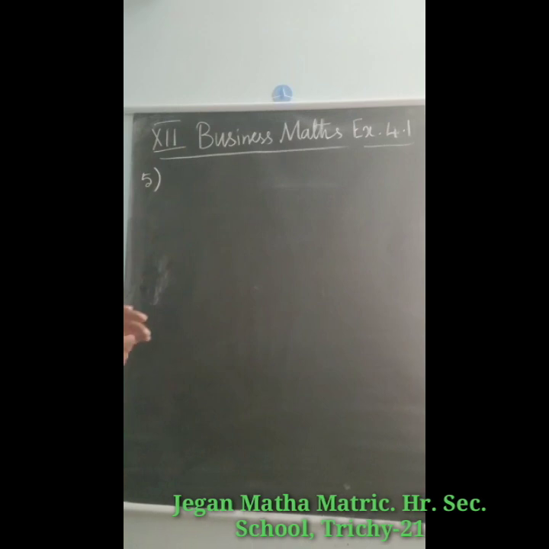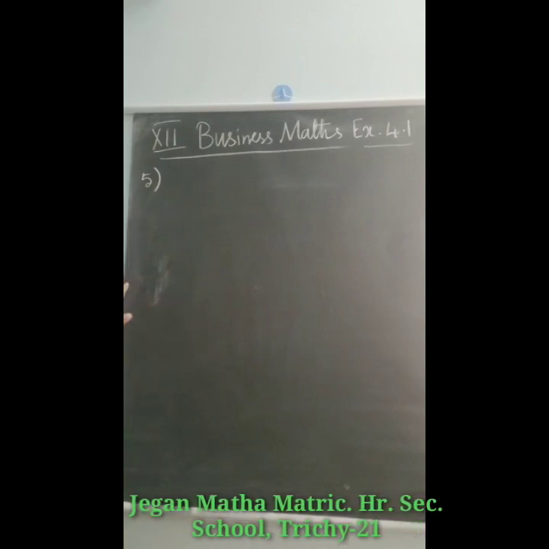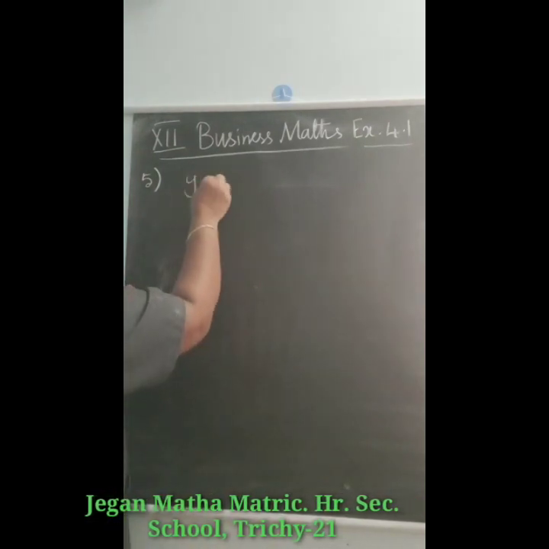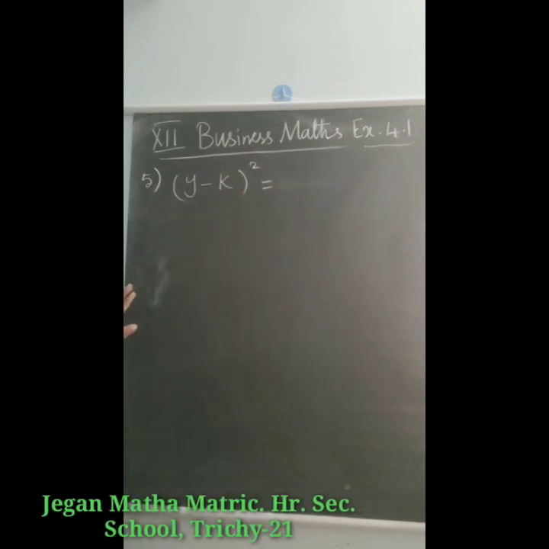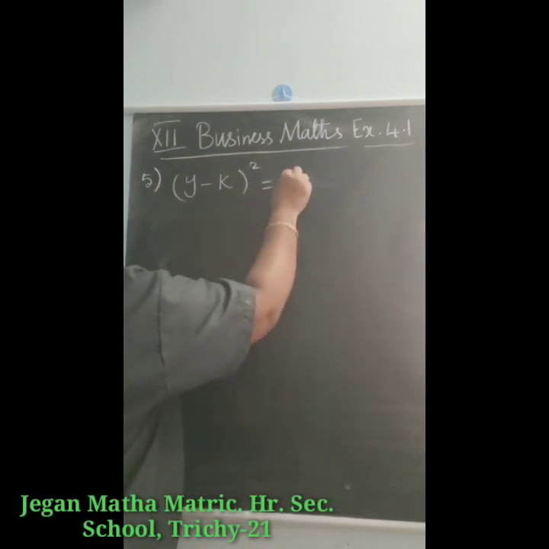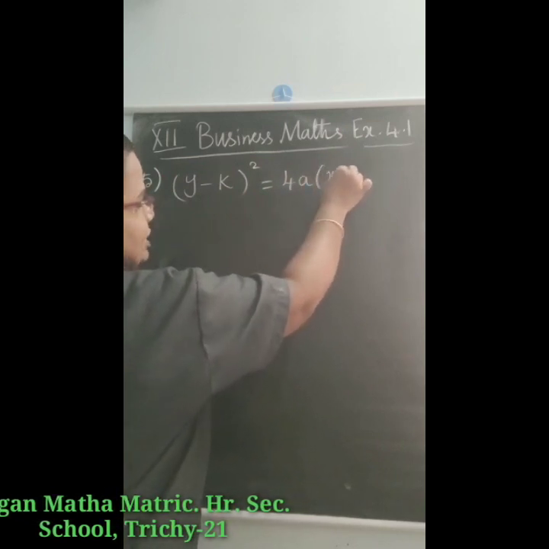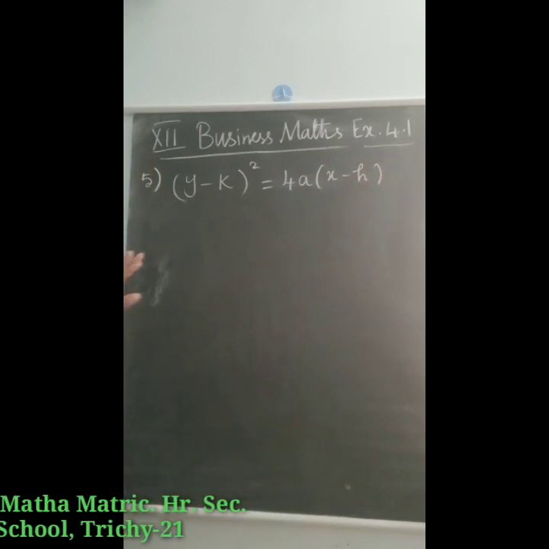The equation of the family of parabolas with latus rectum 4a and whose axes are parallel to the x-axis is (y minus k) the whole square is equal to 4a, because 4a is the latus rectum, into (x minus h).